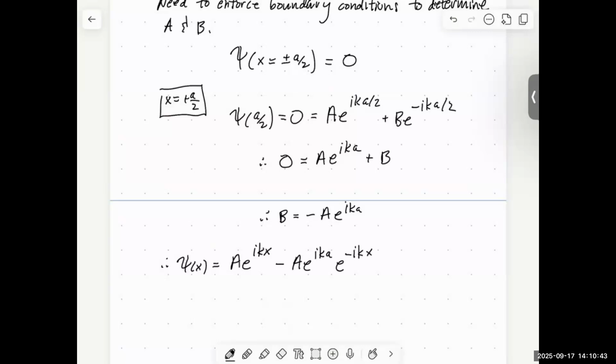All right, there's a common factor a, so I'm going to factor that out. But at the same time, I'm going to factor out this e to the ika by 2 that we just multiplied through. I'm going to factor that out again, so we'll put in e to the ika by 2. And I think we'll see why I'm going to do that in just a second. So what happens when I do that? I'm going to get this e to the ikx.